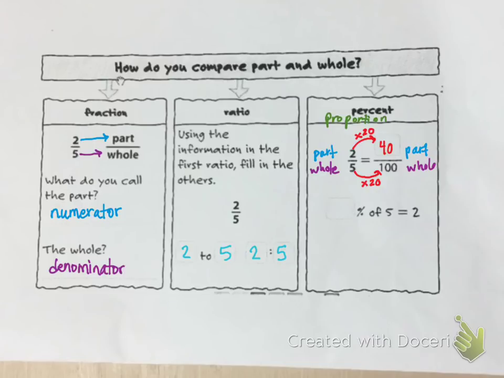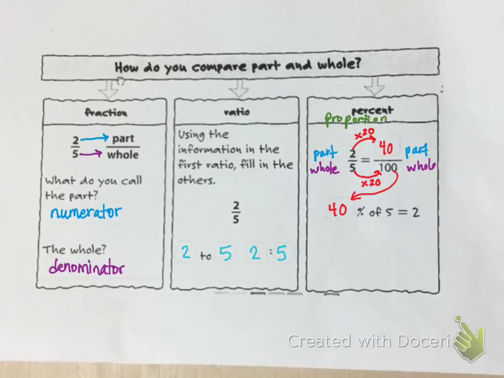So now we can take that statement up in the numerator and the denominator in that whole proportion, and we can rewrite it this way. That mystery number, 40, is a percent number, so it's actually representing 40%. 40 over 100 is the same as 40% of 5 is equal to 2.